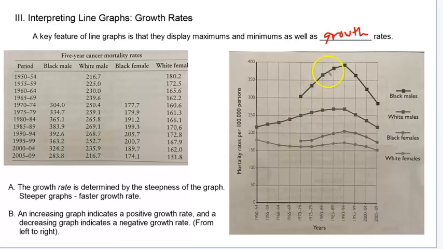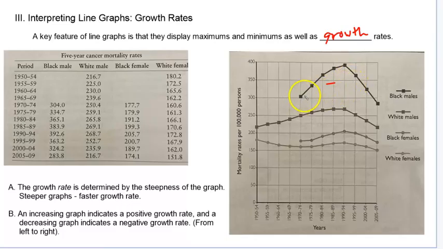It's increasing, or we would say it has positive growth from 70 to 74 until it reaches 1990-94. At that point, it becomes negative growth or decreasing. Those are synonymous. So there's 2 things we're looking at here, positive or negative. Just think positive slope, negative slope.